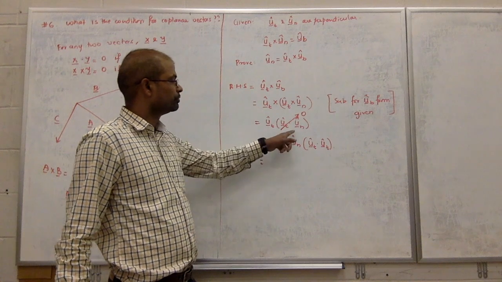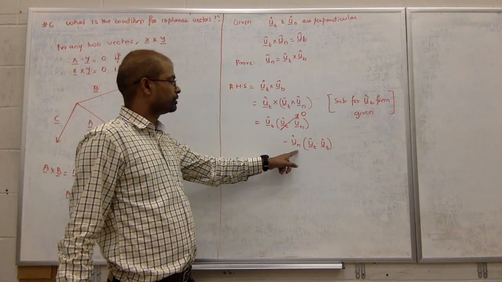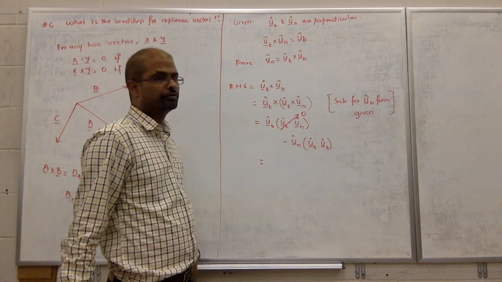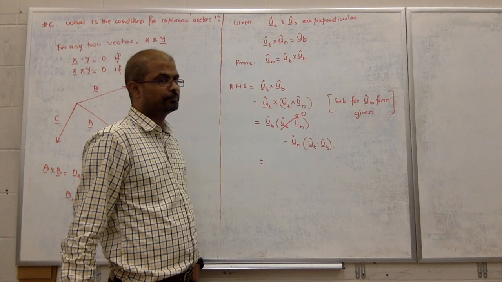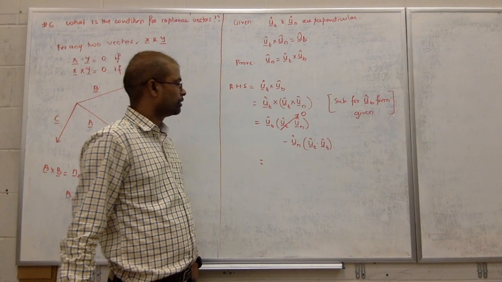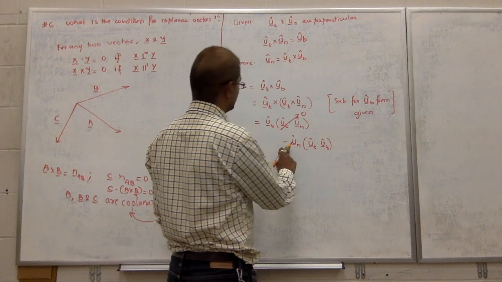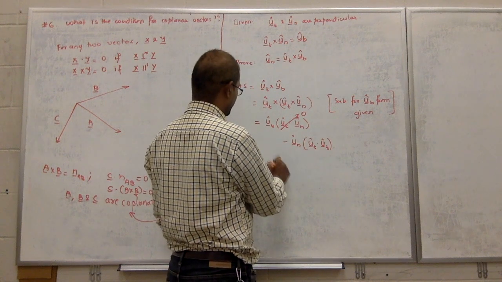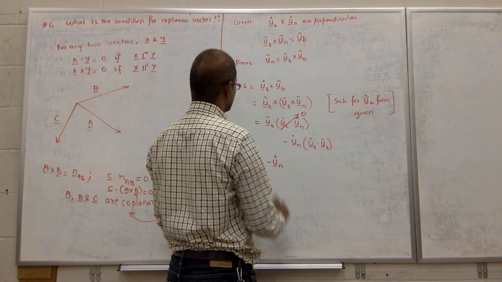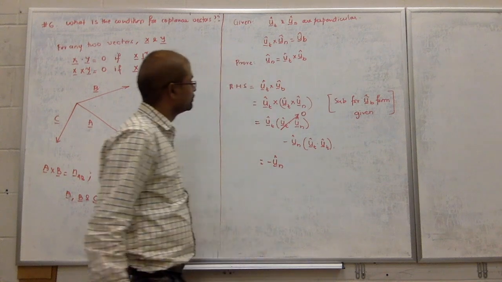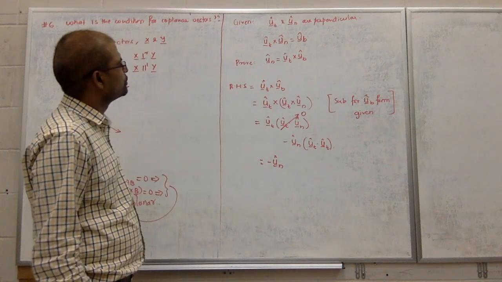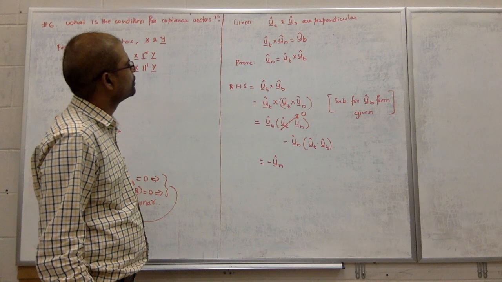Yeah, this is 0. What I'm worried about is the negative sign. Okay. This is negative UN. Why am I getting negative UN?